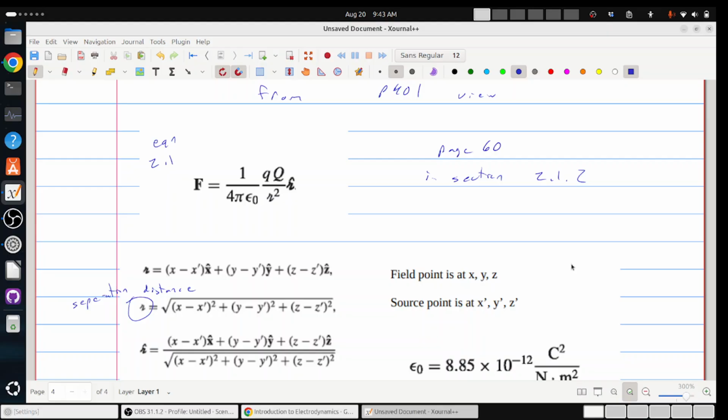But when we're doing it at this level, we want to specify positions of each vector. So R is a vector for the position of our field point, and R prime is the position of the source charge.